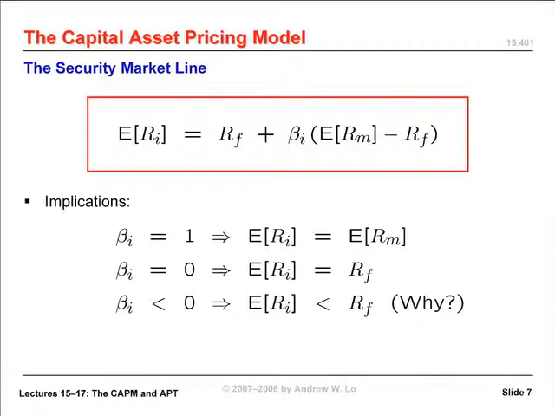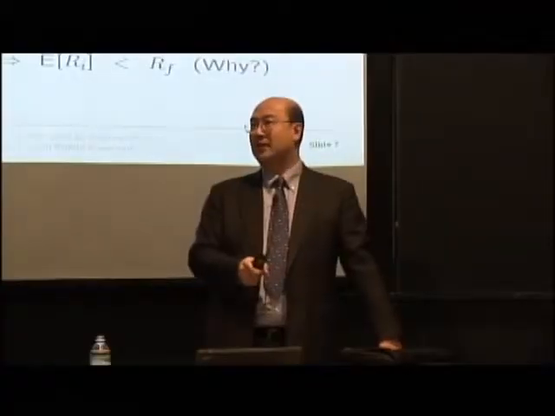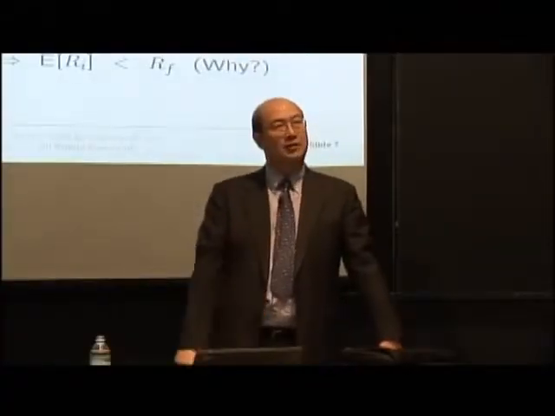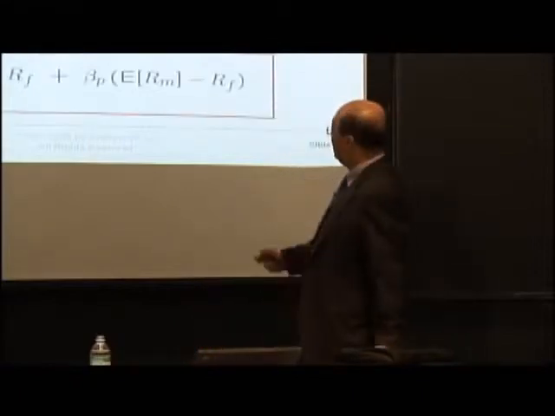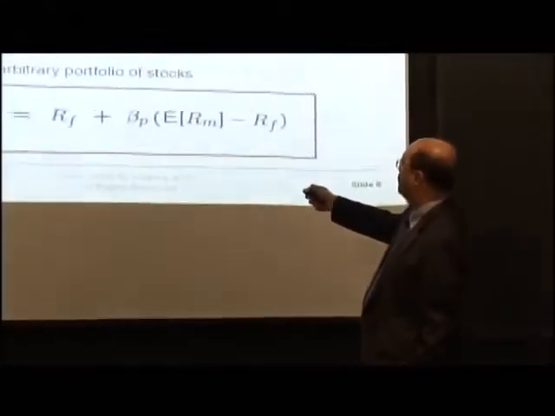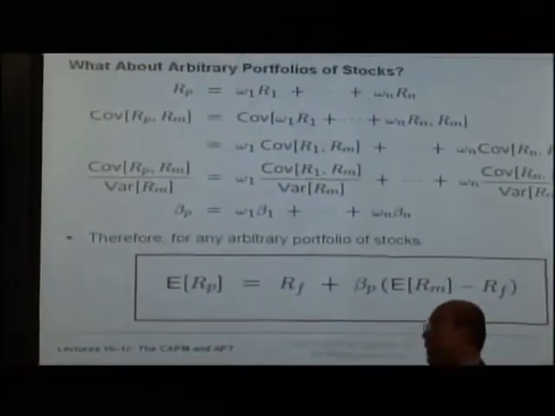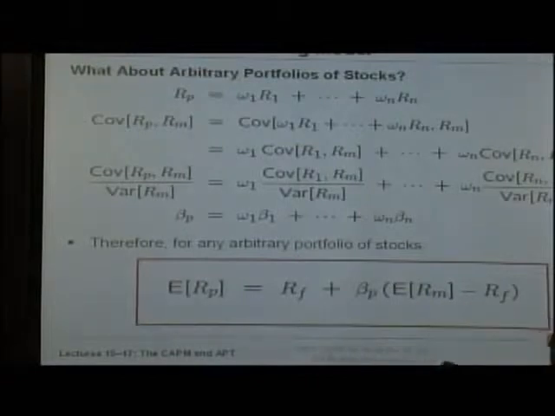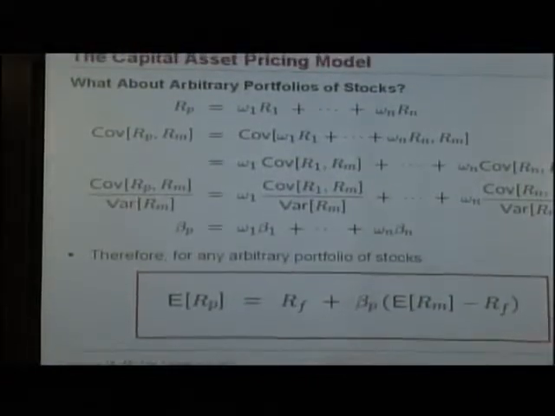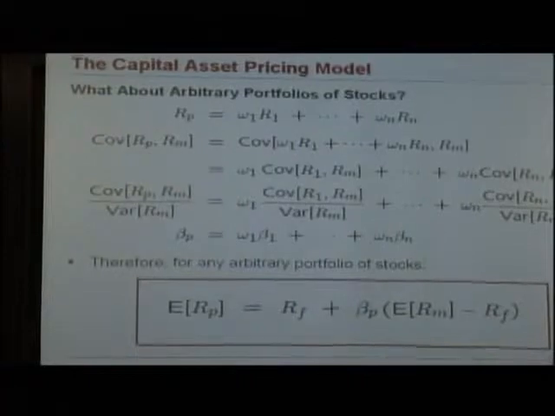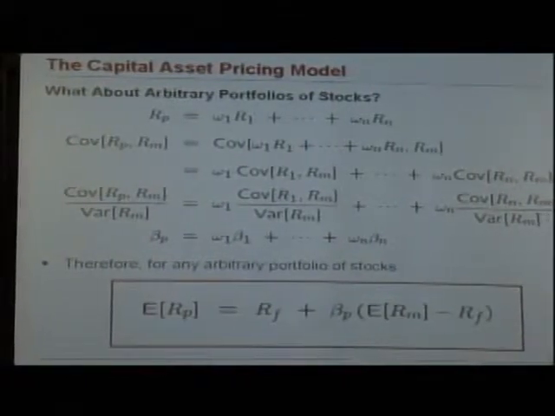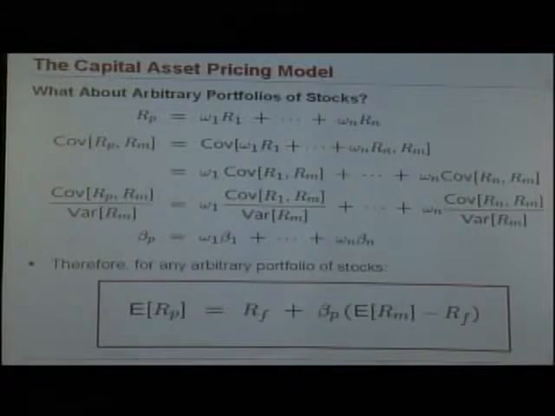For example, suppose this is true for every single security. Well, if it's true for every single security, it turns out that this works for portfolios as well. And let me show you why. Suppose we've got a portfolio that's a weighted average of the returns for the individual component securities, right? Then if I calculate the covariance between the portfolio return and the tangency portfolio or the market, the covariance is going to look like a weighted average of the covariances.